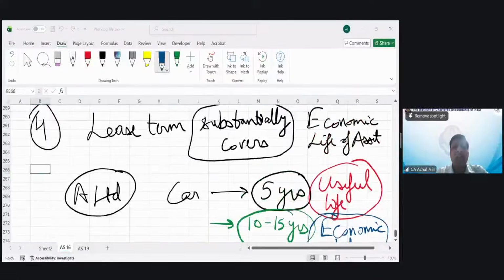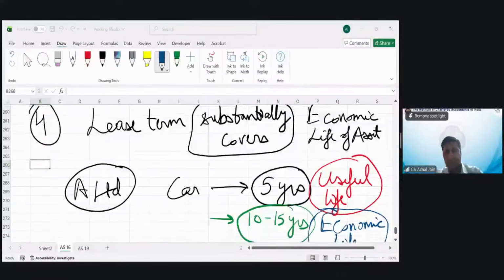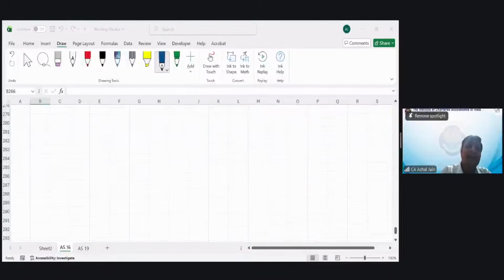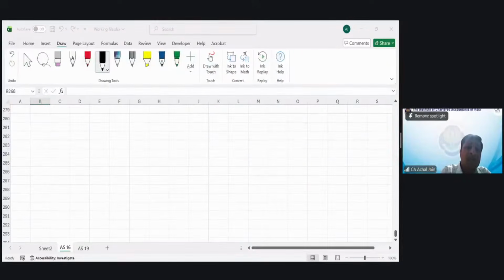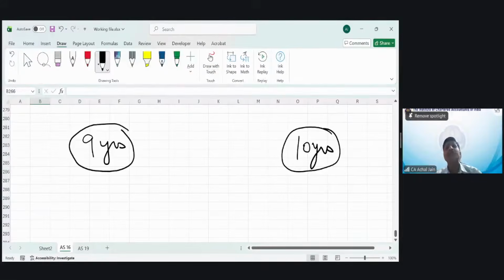Now, in this case, let's understand the indicator. What does this indicator require? It says if the lease term, let's suppose the lease term is 9 years, substantially covers the economic life of the asset. Now, let's suppose the economic life of the asset is 10 years. Whether this lease term substantially covers, now comes the question, sir, what is the meaning of substantially covers?